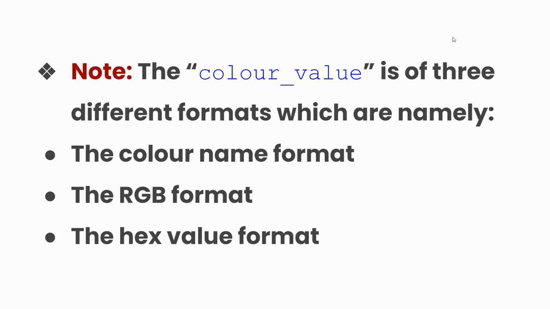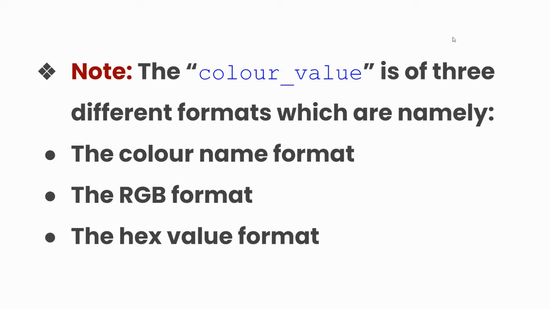As we all know, especially for those who are designers, red has different variants. There's velvet, the wine red color, the neon red. Some of these colors cannot really be gotten with the color name format, as the name red is just so specific to red in general.